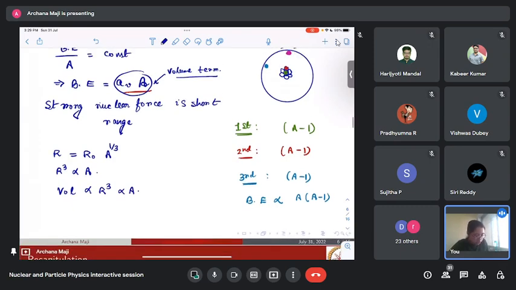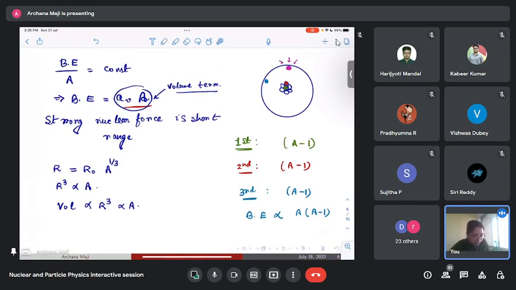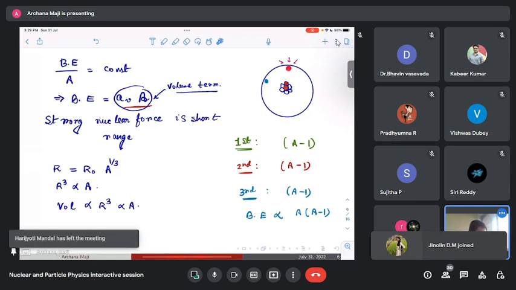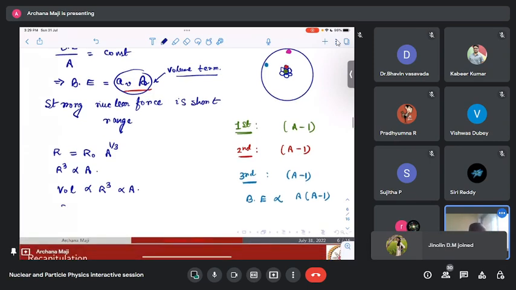Now the correction that we need to add with this, or better say subtract from this, because that will actually reduce the binding energy, since this nucleon has fewer neighboring nucleons compared to this one, is proportional to the surface of the nucleus.